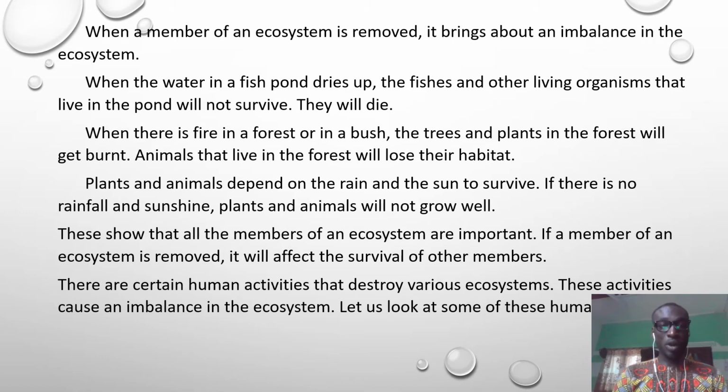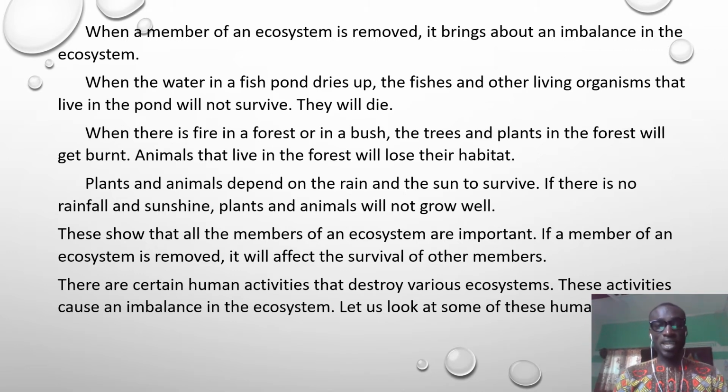If there is no rainfall and sunshine, plants and animals will not grow well. These show that all the members of an ecosystem are important. If a member of an ecosystem is removed, it will affect the survival of other members.